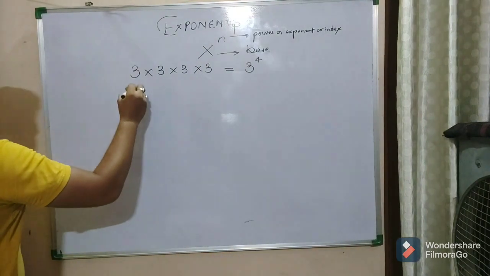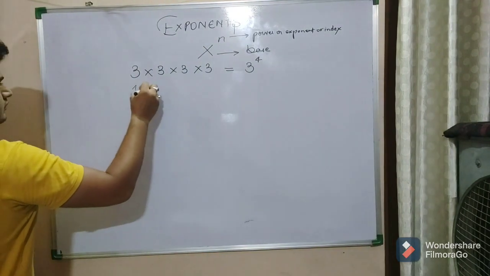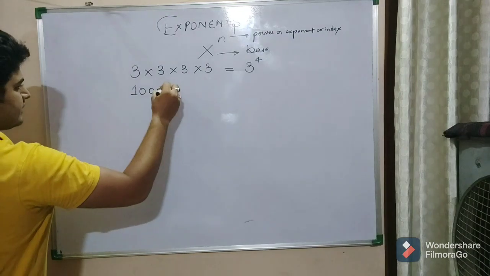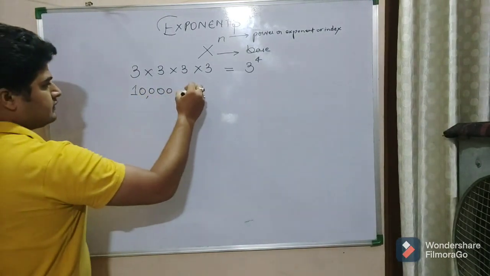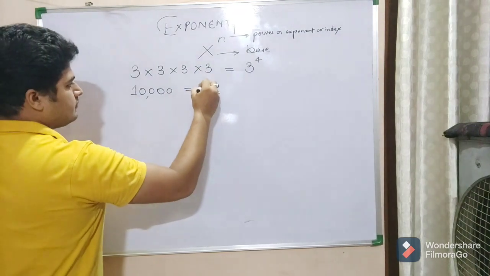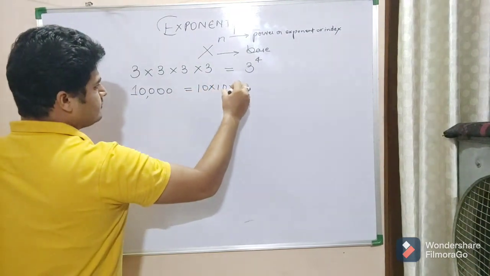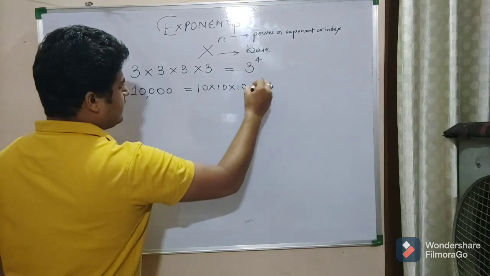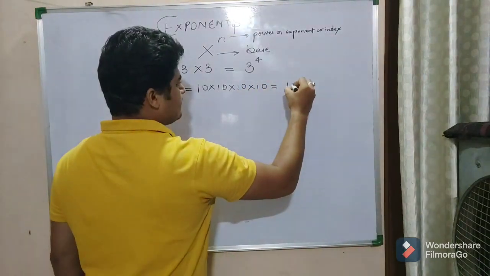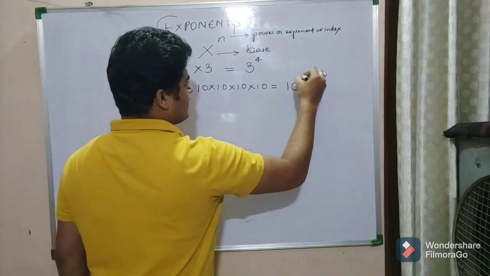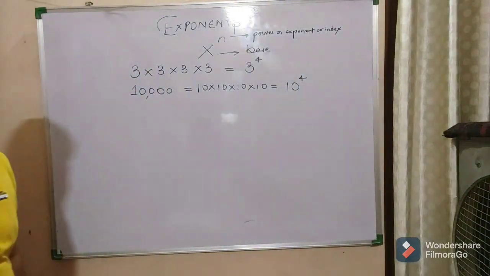In the same way, if you have a number like 10,000, this can be written as 10 multiplied by 10 multiplied by 10 multiplied by 10, and can also be written as 10 raised to the power 4.